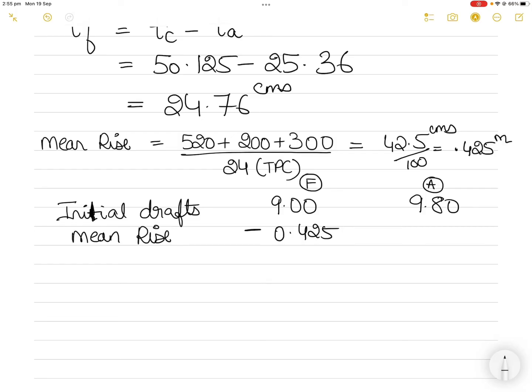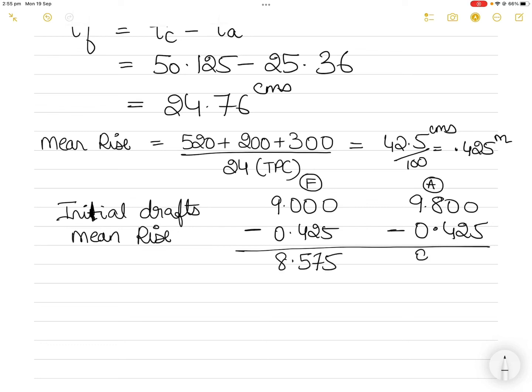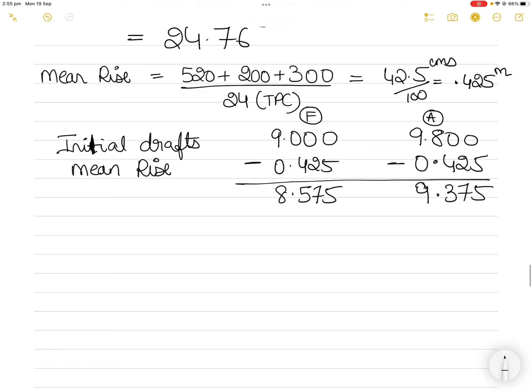Why do we convert it to meters again? Because now we are talking about drafts. We talk about drafts in meters, so we need everything in meters. So 0.425, and this gives us drafts after rise of 8.575 and 9.375, and then we have TF and TA.